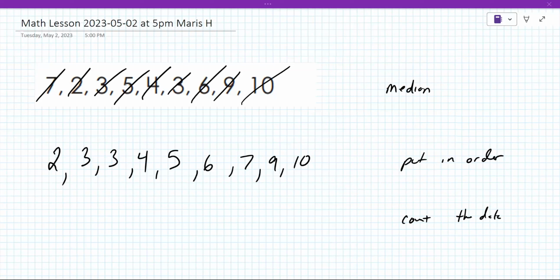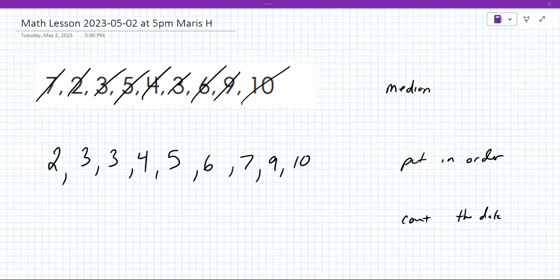Sure. 47. I'm sorry, you added them up. I'm asking just to count, like 1, 2, 3, 4, 5, 6, 7, 8, 9, and do the same thing up here.